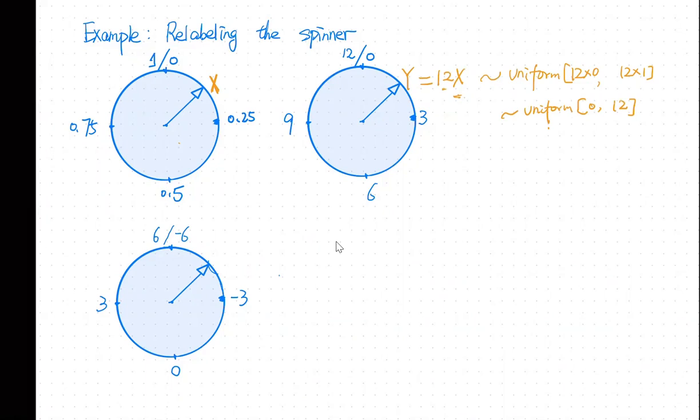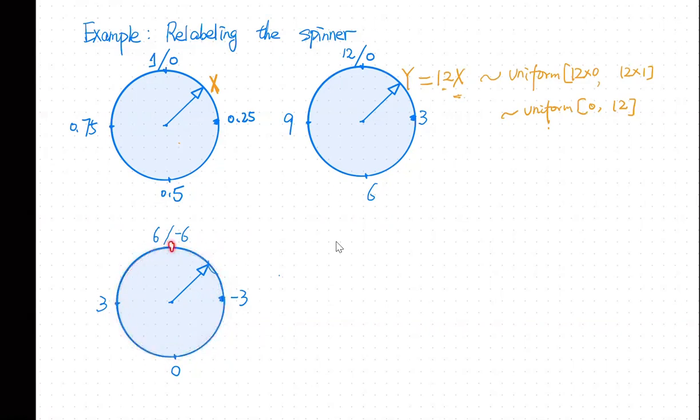And alternatively, you could label the spinner in a third way. In this way, we call the topmost point not 0, but -6. And we let the length of the whole circle still be 12, and we evenly distribute points on this circle this way.